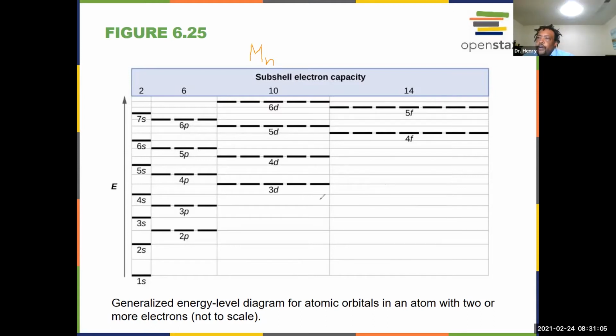Since you're going to draw it, Cassie, I want you to identify n = 3, l = 2, ml = -1, ms = 1/2.